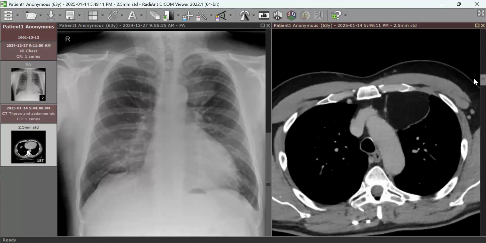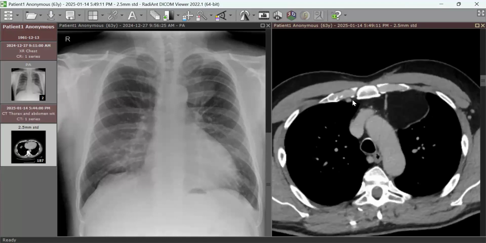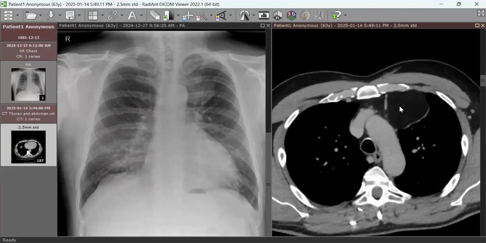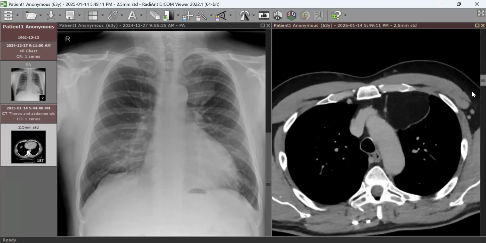I think this is mediastinal, because it is continuous with the mediastinal fat, and the internal mammary vessels are slightly displaced laterally compared to the other side. So there's fat here and fat there. So it's a mediastinal lipoma.